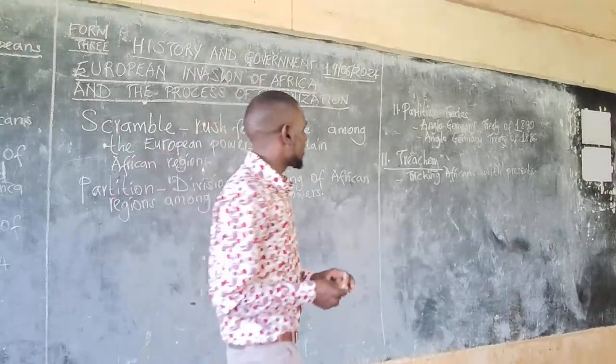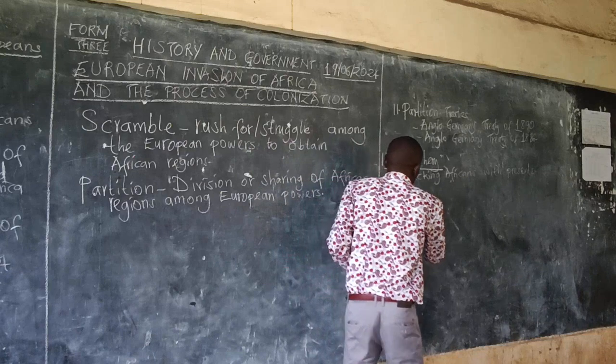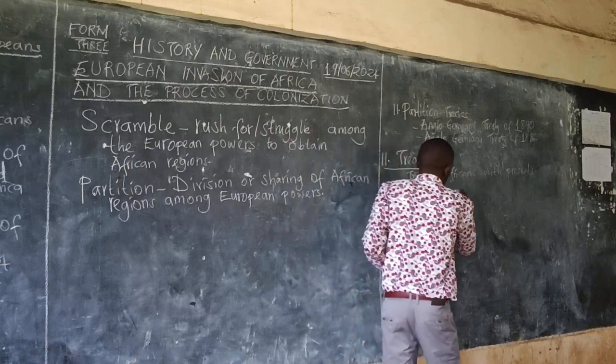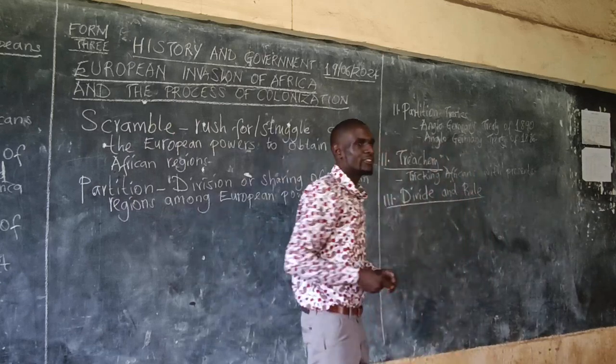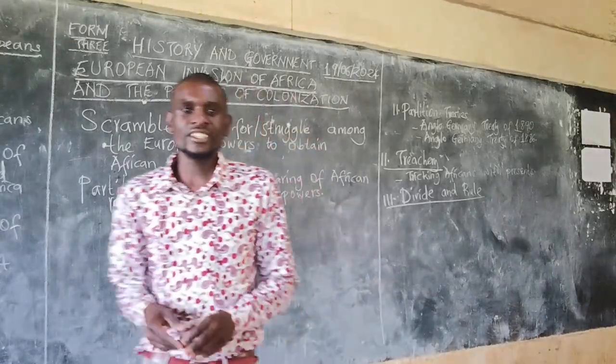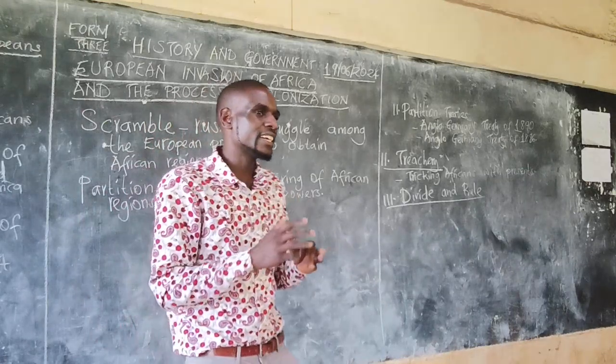Now, let's look at another method, which is the divide and rule policy. This is whereby the Europeans were playing one community against the other.